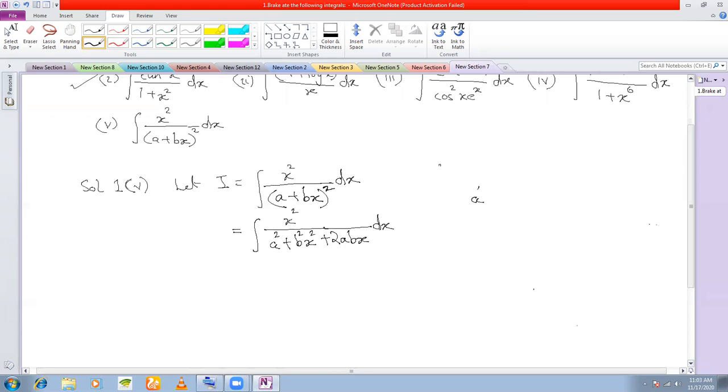So what is the dividend here? The divisor here is a square plus b square x square plus twice ab x, and your dividend here is x square. So how will you divide this?